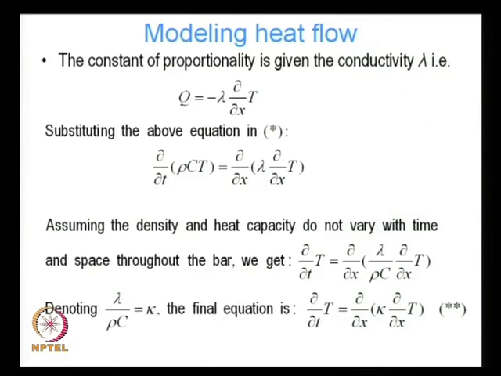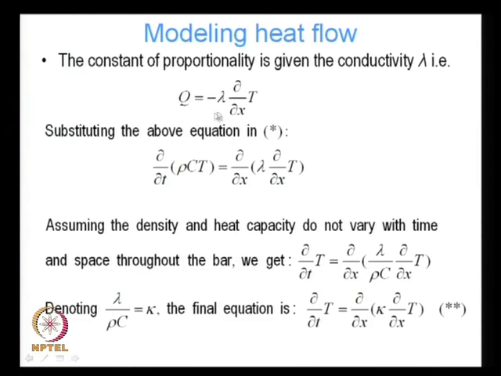So, we know that the heat flux is proportional to the negative temperature gradient, and lambda is the constant of proportionality. I can write heat flux q equal to minus lambda times del x T.